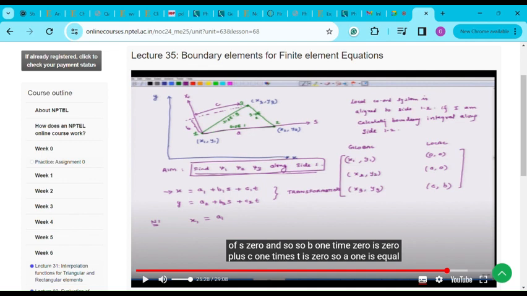Now the doubt is that it is told that the relation between these coordinate systems is linear. That's why we use this equation x equals a1 plus b1 s plus c1 t, and y equals a2 plus b2 s plus c2 t. Later, depending upon the coordinates of nodes, the values of a1, b1, c1 and a2, b2, c2 are found. So the doubt is how we come to the conclusion that the relation between the two coordinate systems is linear.